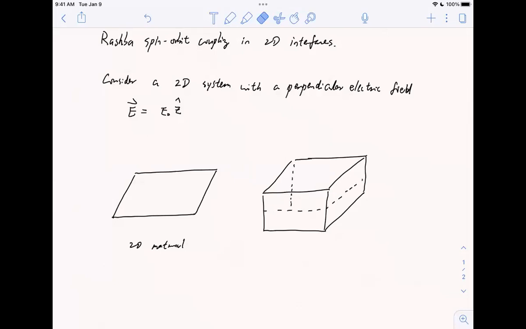Let me use a different color. Okay, you have an interface. Let's draw it like that. So here you have an interface. You have one material on top, the other material in the bottom.